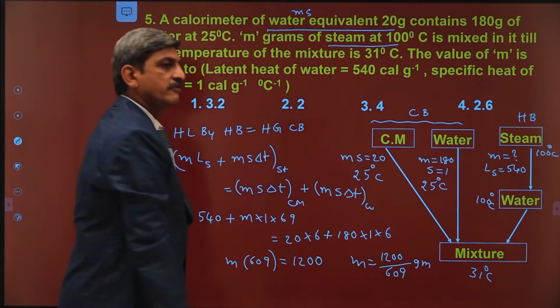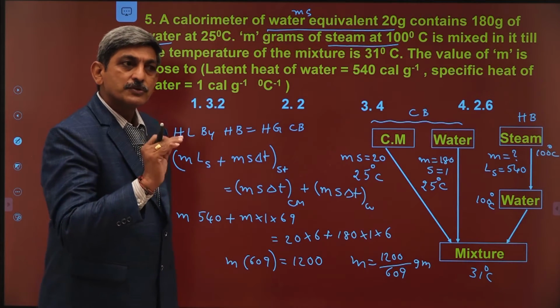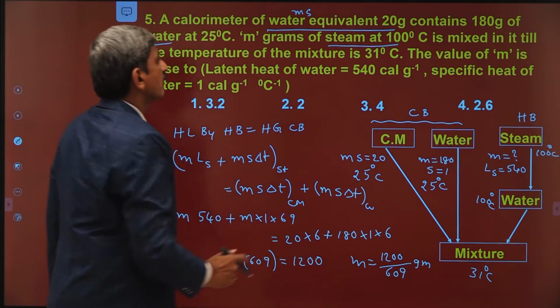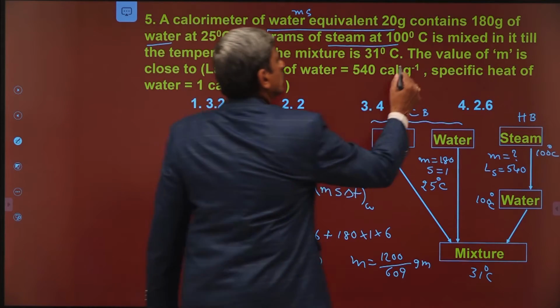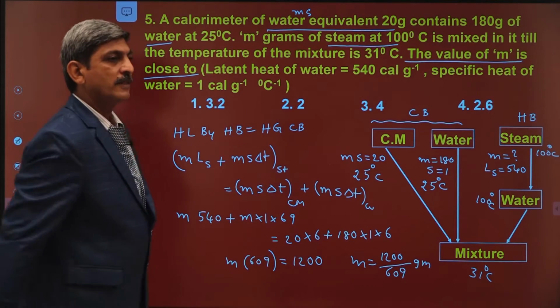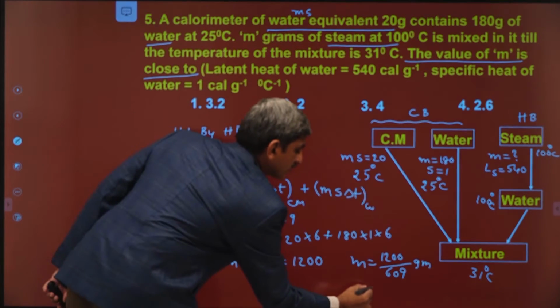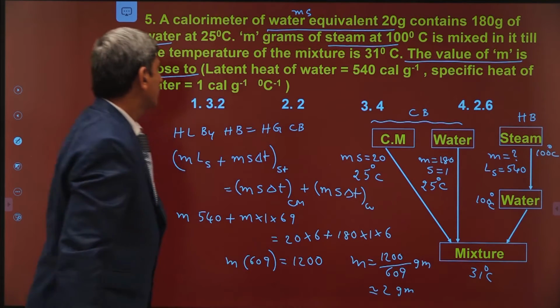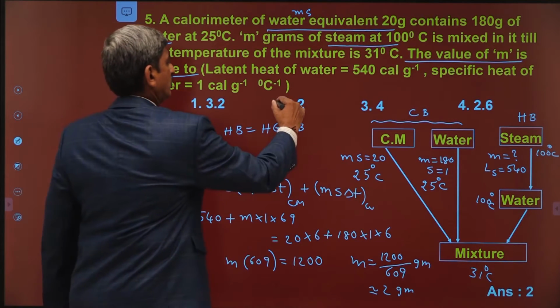If we calculate that, the value is very close to 2 but less than 2. In the problem, it is asked that the value of m is close to dash. So, this value is very close to 2 grams. Okay? So, the answer is 2.